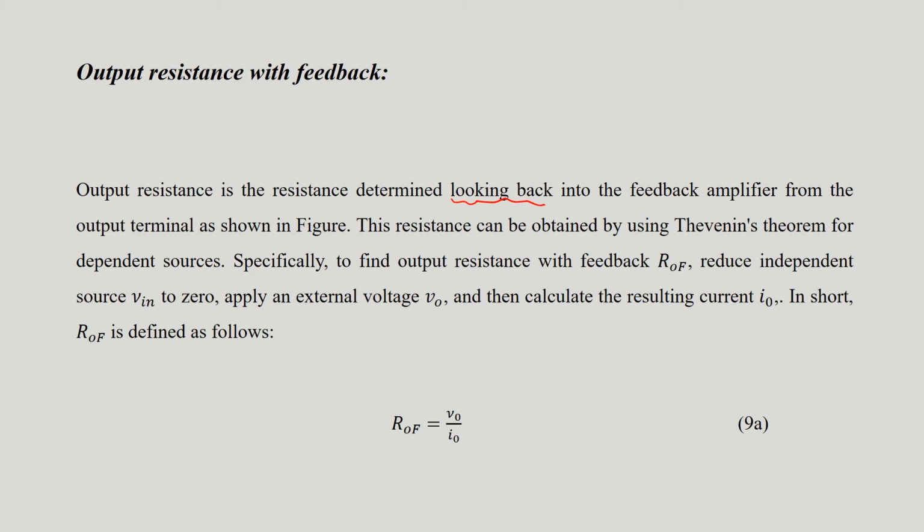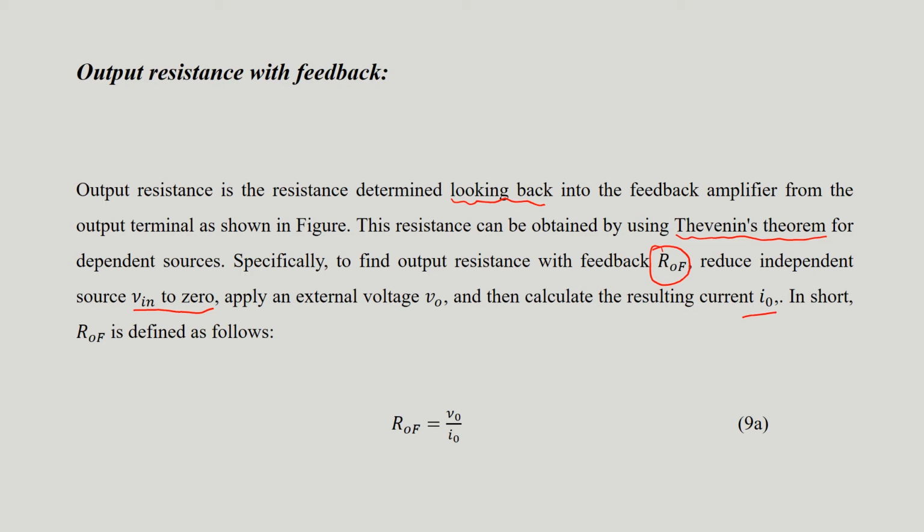This resistance can be obtained by using Thevenin's theorem for dependent sources. Specifically, to find the output resistance with feedback ROF, we need to reduce the independent source Vi to 0 and apply an external voltage V0 and then calculate the current I0.